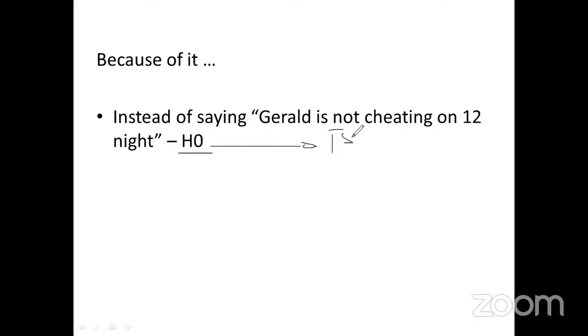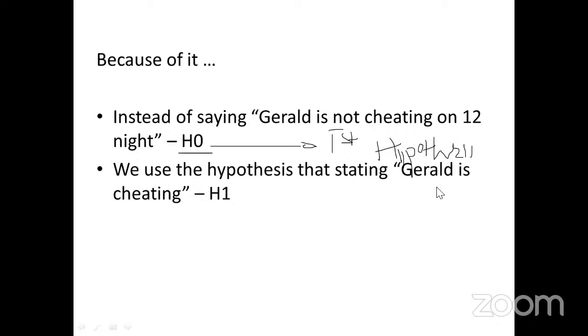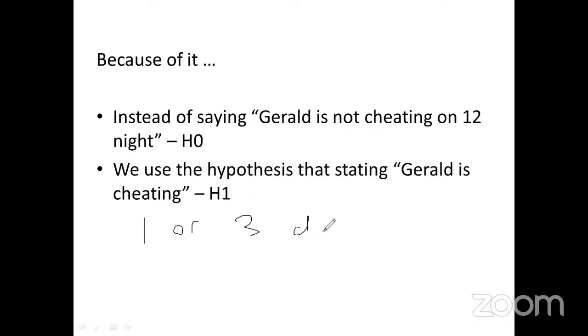We use the hypothesis that states Gerald is cheating, which is H sub 1. So the conclusion: if Gerald is not picked for 1 or 3 days, it is normal, so we use H sub 0.